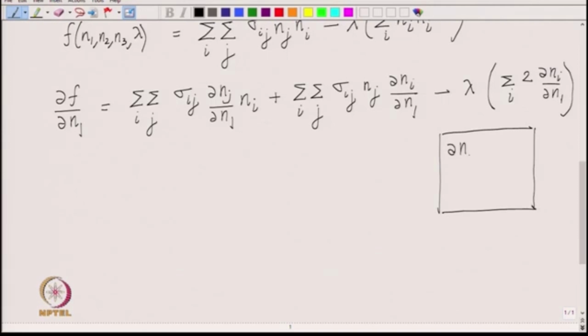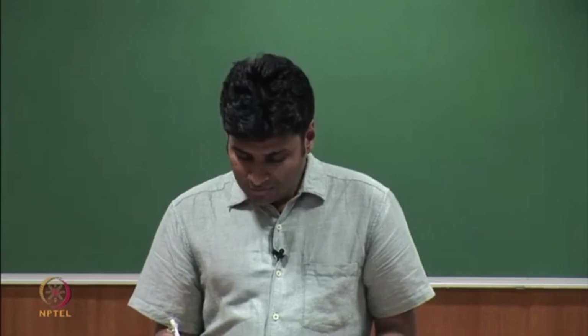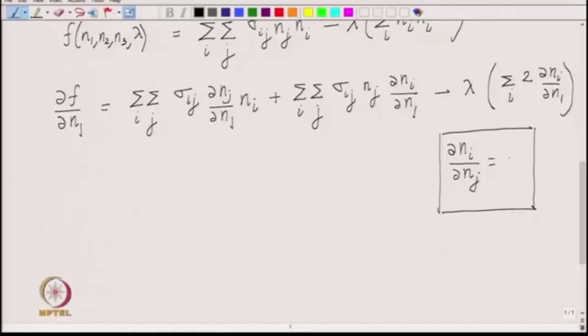Okay. So, I could write here this small identity that del n i over del n j, if i and j are the same, it is 1, if they are not the same, it is 0. There is a very nice term in mathematics for this, that is called delta i j, the Kronecker delta function. It is another thing that you can remember, add to your vocabulary, Kronecker delta function.